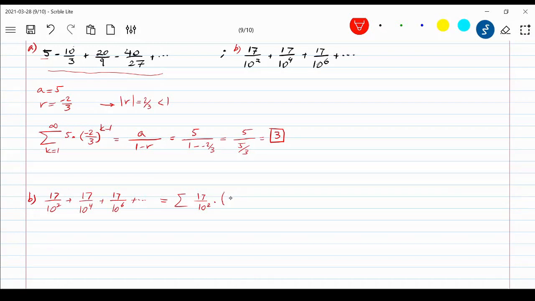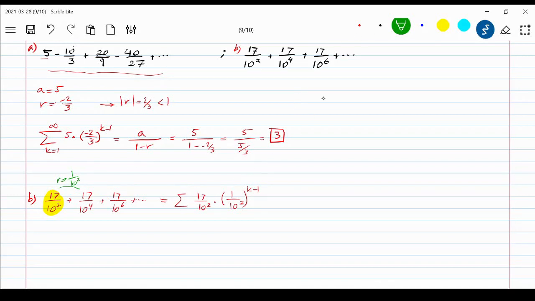The common ratio is 1 over 10 squared, and the power k minus 1. I write it this way just to show you that this is a, and the common ratio would be whatever you multiply to get the next term. So you multiply by 1 over 10 squared. That is the common ratio.